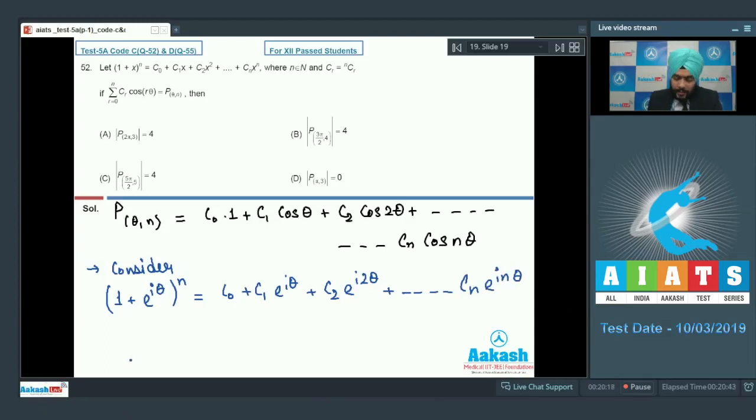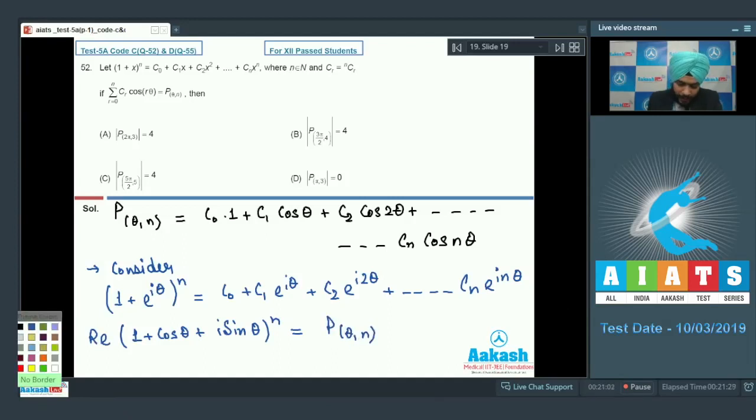If I simplify the left hand side, I'll get (1 + cos θ + i sin θ)^n, and P(θ, n) is the real part of the right hand side. Okay, if we carefully observe this series, P(θ, n) is the real part of the right hand side. So real part of this number is equal to the required statement P(θ, n).